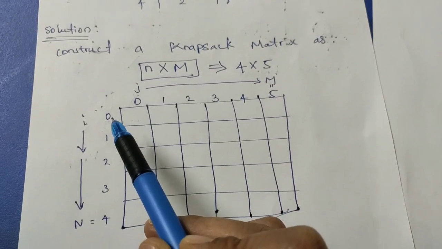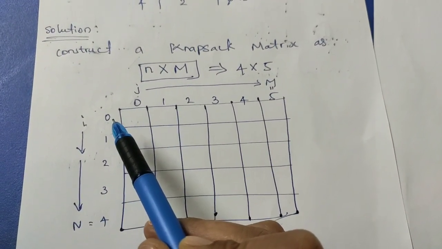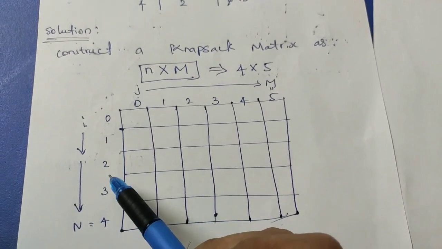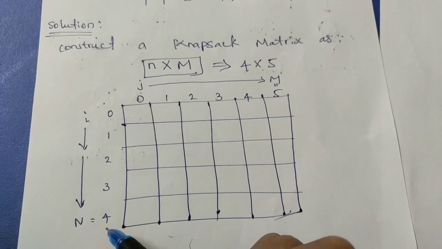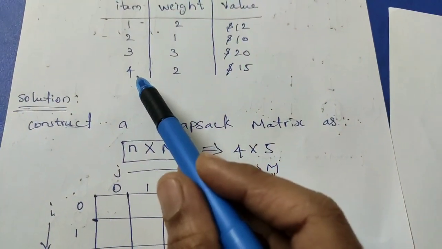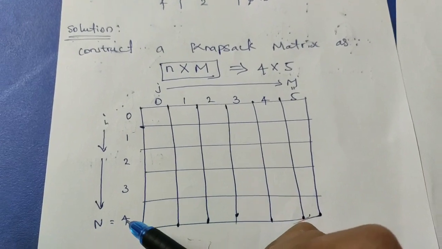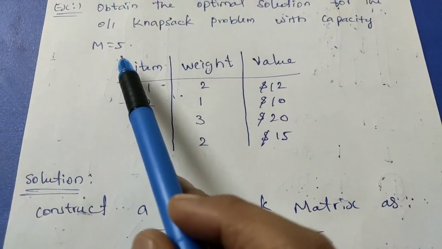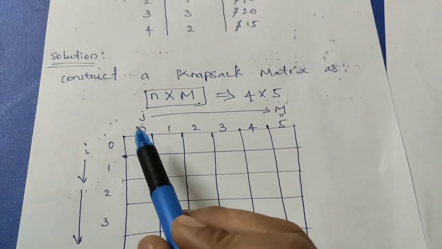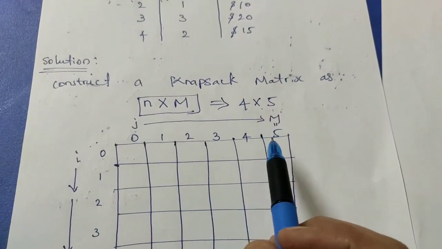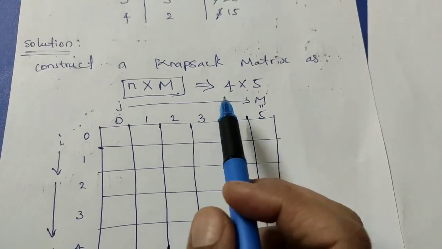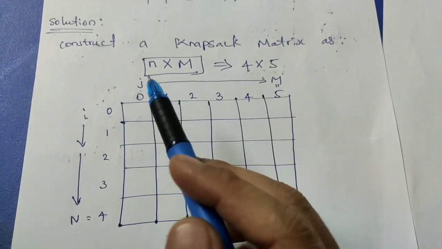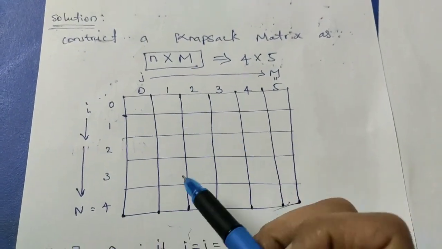To construct the knapsack matrix, I started numbering the rows from 0: 0, 1, 2, 3, 4. How many items do I have in the question? 4 items. So 0 to 4 I need to have as the row numbers. What is the maximum capacity of the knapsack? 5. So I have to start the capacity from 0 and go up to the maximum capacity 5. So 0 to 4 by 0 to 5 will be the n by m matrix, that is the knapsack matrix.